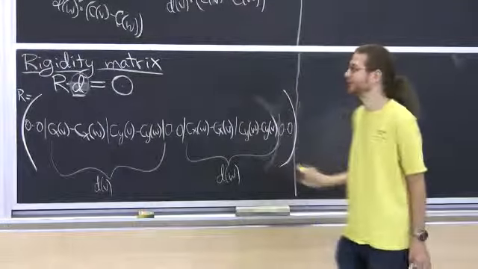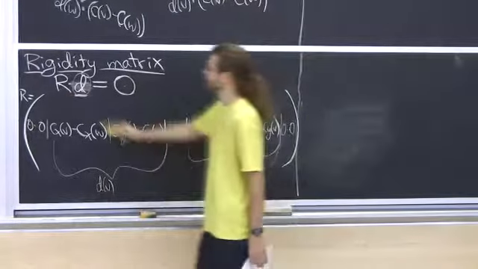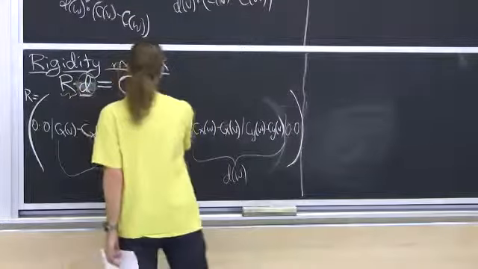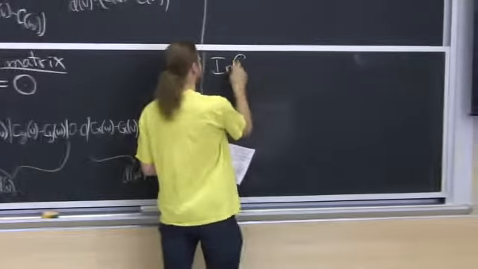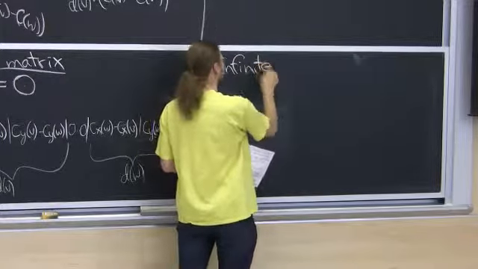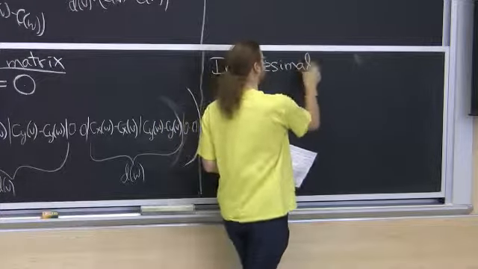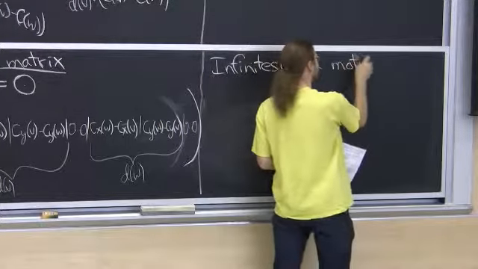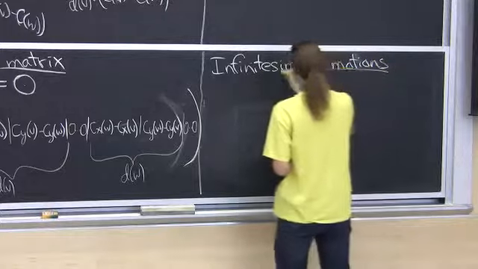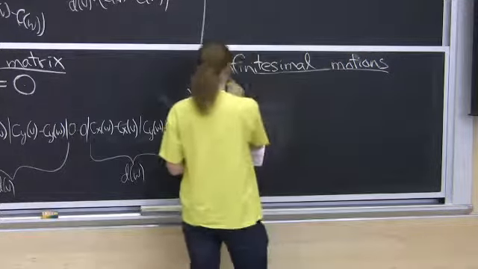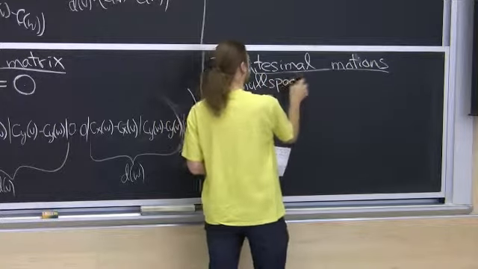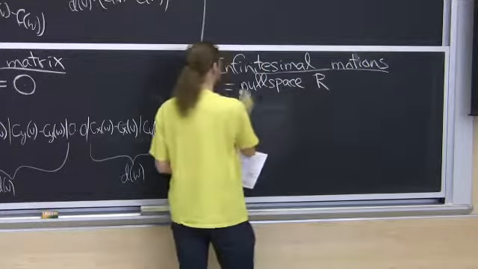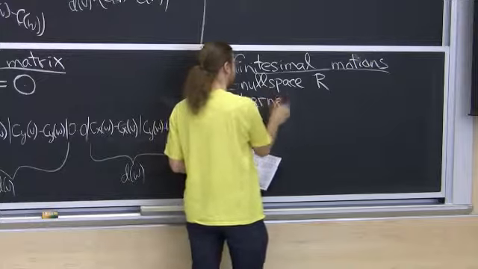It's called the null space of this rigidity matrix, null referring to that 0. Or the kernel. So the set of all infinitesimal motions is the null space of that matrix, also known as the kernel of the matrix.